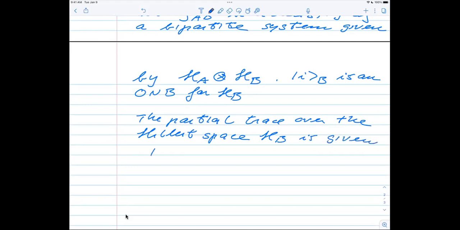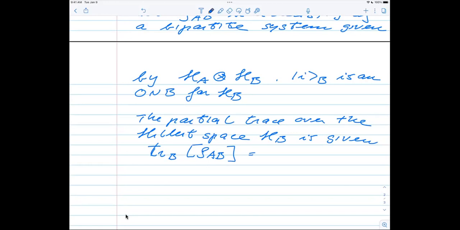So this is a trace, and I'm going to put a label B here to indicate that we are tracing out the system B out of the bipartite system which contains system A and system B. And if these are two individual particles, we could think of this as a two-body system.